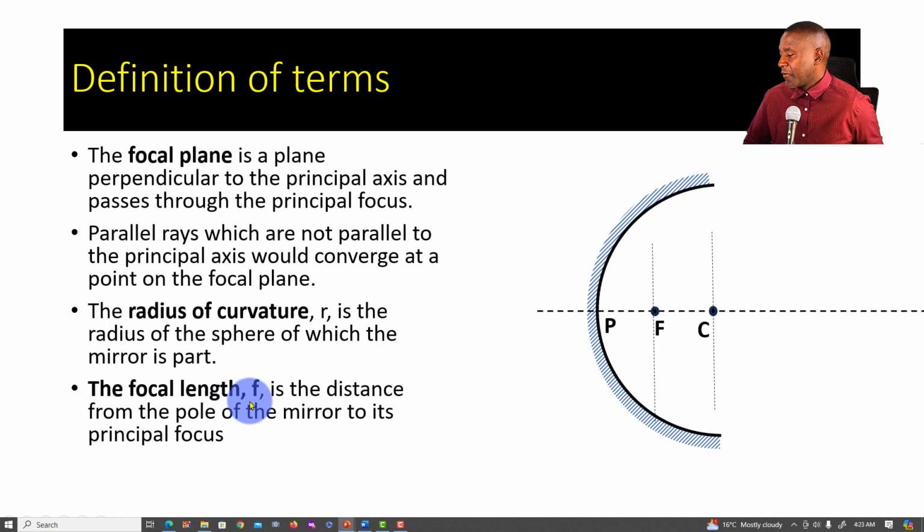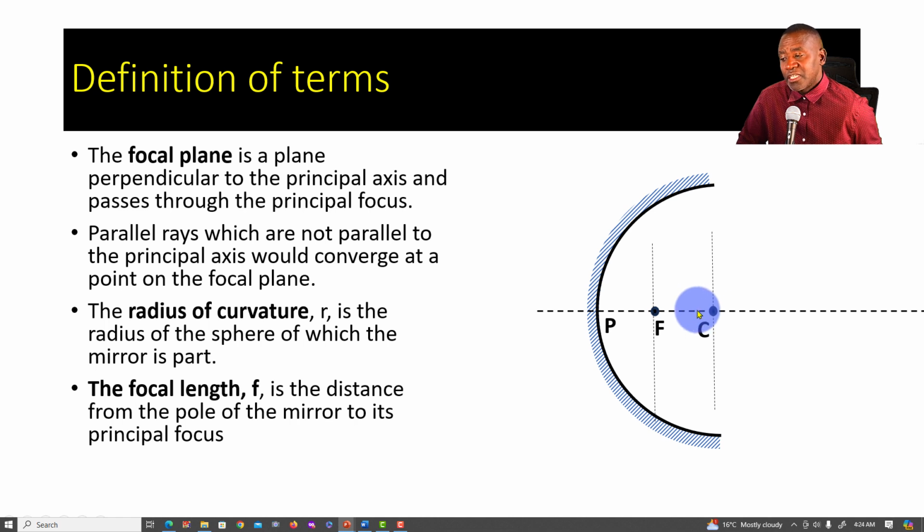Let's look at the focal length. It is the distance from the pole of the mirror to its principal focus. This distance here is called the focal length. Since F is exactly at the center of PC, since F divides the radius of curvature exactly into 2, then this one is a focal length, and this one is also a focal length.